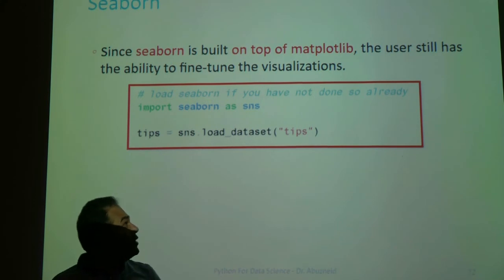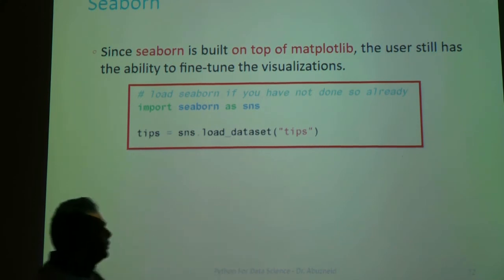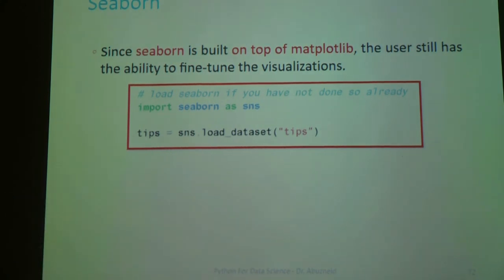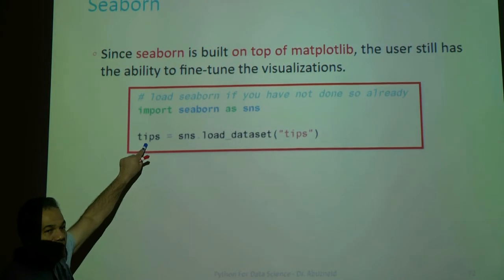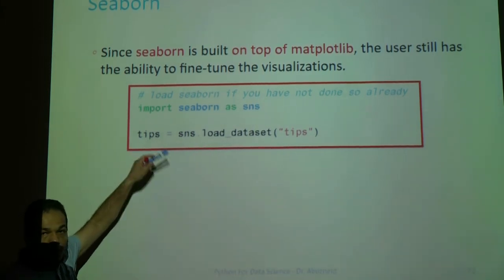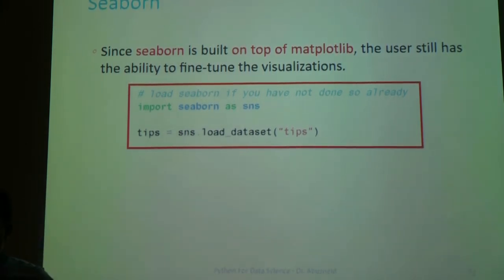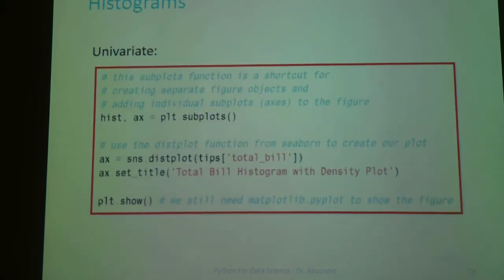One of them that comes with it is the tips data set called tips. All right, you can load it, and it will be saved in where? In tips. What is tips in here? A data frame. It's a data frame. All right. So again, Seaborn is a graphical library. It comes with data sets, okay, that you could deal with. All right. And it has its own.